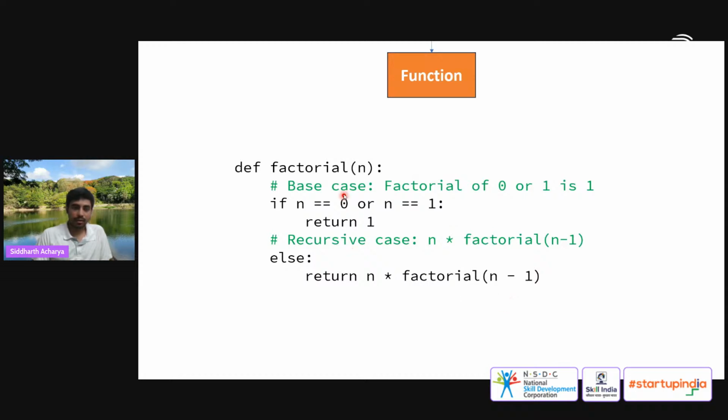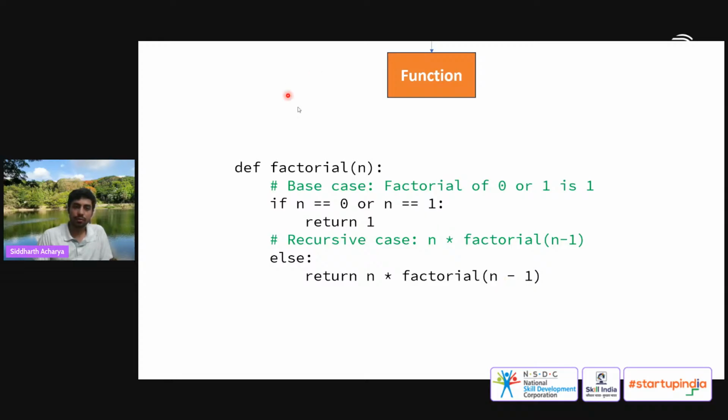So let us say I call factorial 3. This entire code block would execute. If this condition is false, it goes to the else, and it returns n times factorial of n minus 1. So since I called it with 3, it will return 3 times factorial of 2.